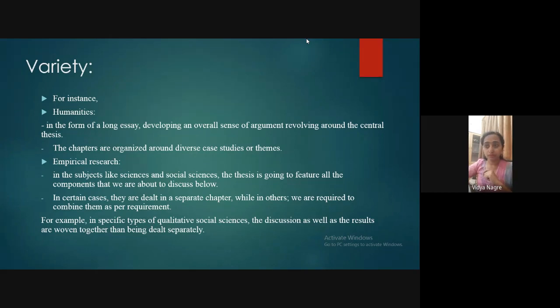Whereas if we consider empirical study, based on facts that are already available, historical facts, in subjects like sciences or social sciences, the thesis is going to feature all the components we discussed below. In certain cases they are dealt with in a separate chapter, while in other cases they are combined, such as in social sciences. Next slide, please.